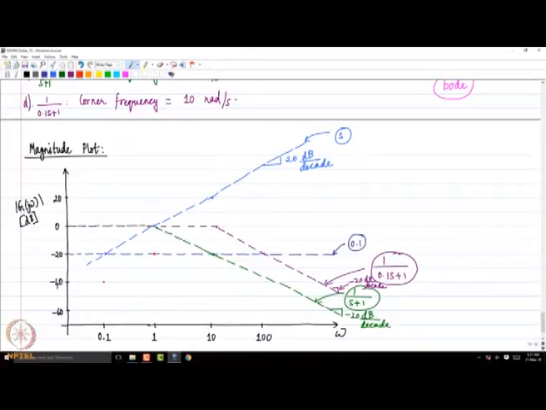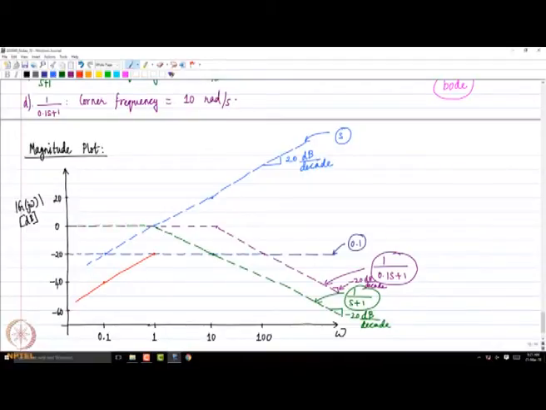So this is what is going to happen to the Bode diagram of the transfer function at low frequencies, till the corner frequency of 1. Now what happens at 1? At 1, the 1 by s plus 1 term starts contributing a high frequency asymptote with a slope of minus 20 decibels per decade.